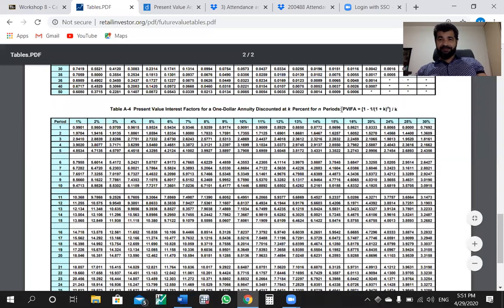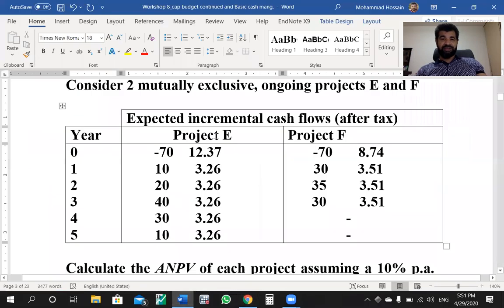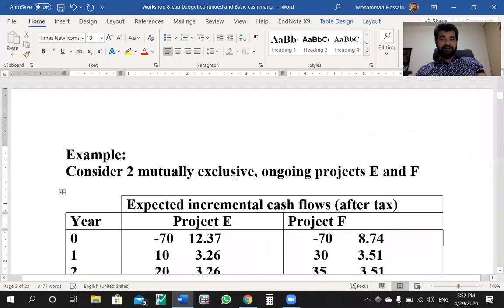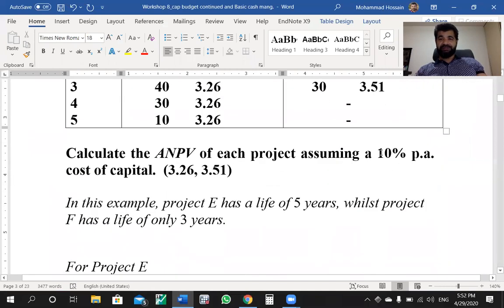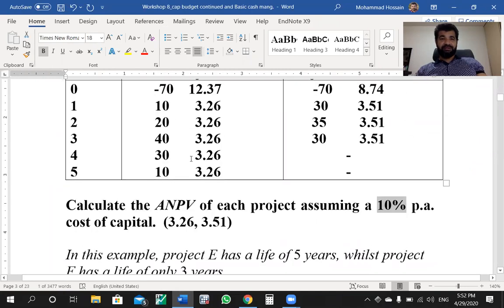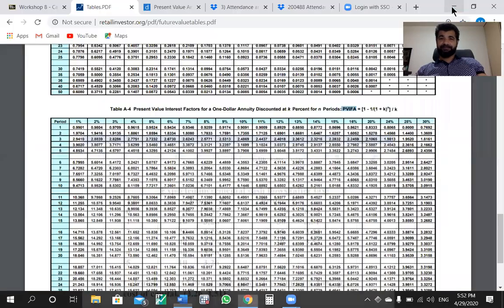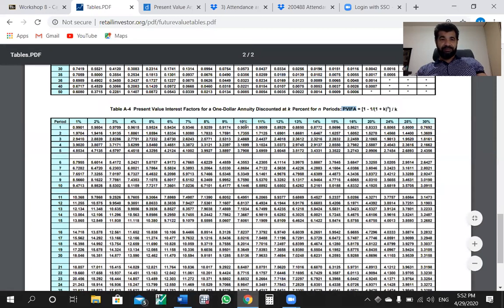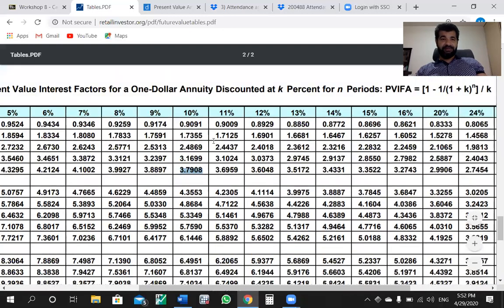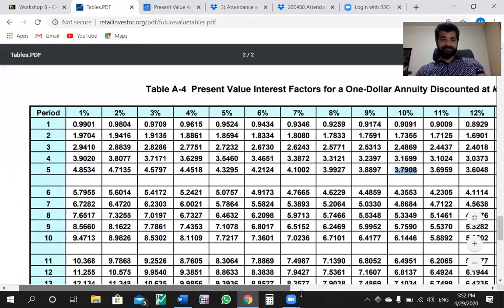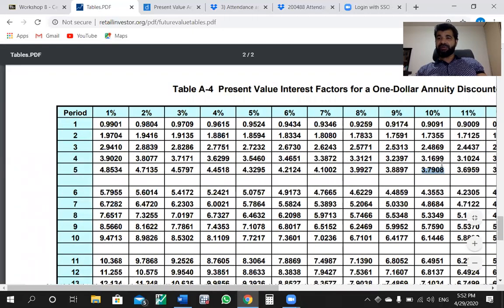Look here, present value interest factor for annuity. So what is our rate? Let's do the calculation. For this one, our rate is 10%, 5 years. Look at here, 10%, 5 years: 3.7908. So multiply it.